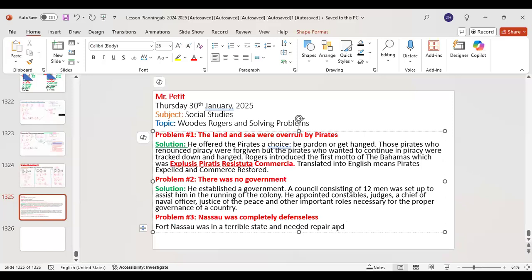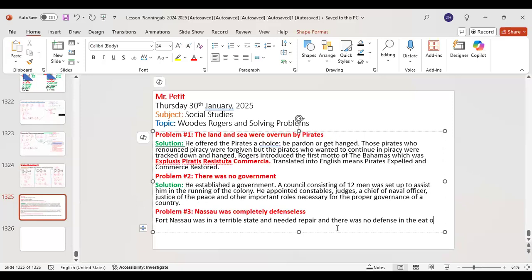And there was no defense in the east or west of Nassau.